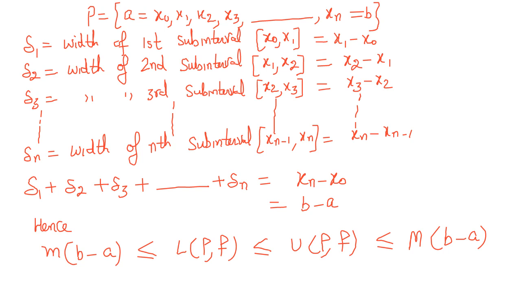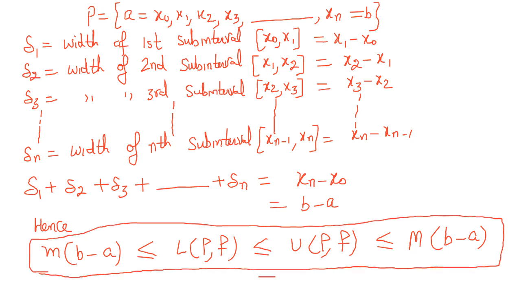From this inequality you will start your Riemann integration, from this theorem. Hence proved. So in this way we find m(b minus a) less than or equal to LPF, less than or equal to UPF, less than or equal to capital M(b minus a).